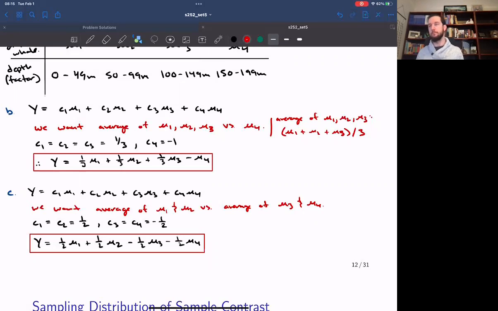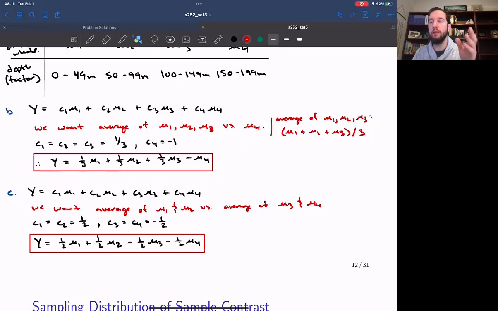All right, so now that we understand how to set up a contrast, what we are going to do is learn how we can build a hypothesis test and build a confidence interval about the contrast directly. So the idea here is we want to ask a question about gamma, or we want to build a confidence interval for gamma.